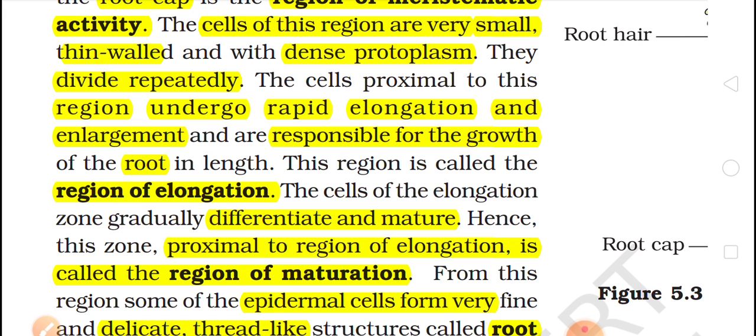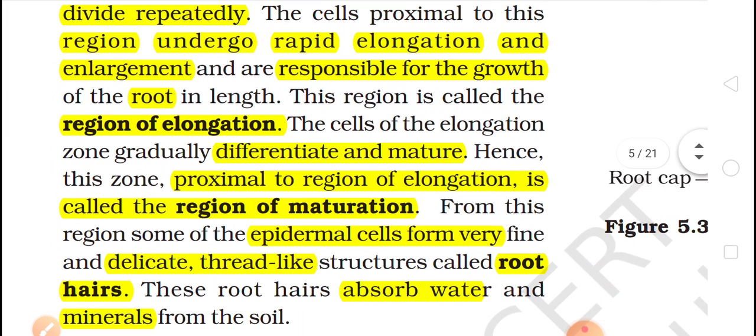This region is called the region of elongation. Next, the last region, the region of maturation, in which the elongated cells differentiate and mature, and this region is called the region of maturation.